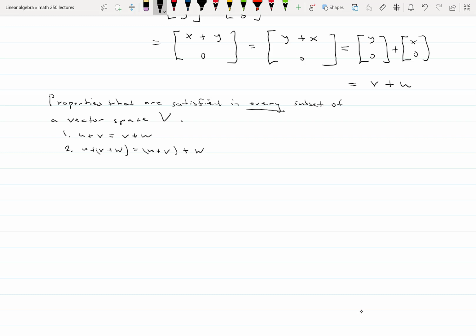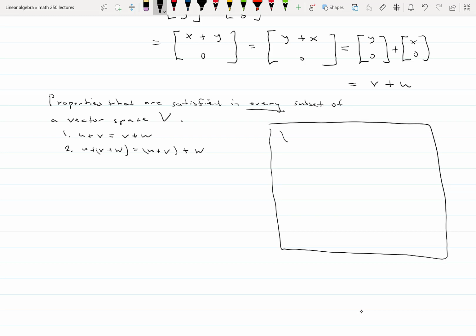Property 3 does not. Property 3 says there exists a 0 vector somewhere in V. I want you to look carefully at what I'm about to say. Here's a vector space V, a known vector space. Here's what we're calling W, a subset.